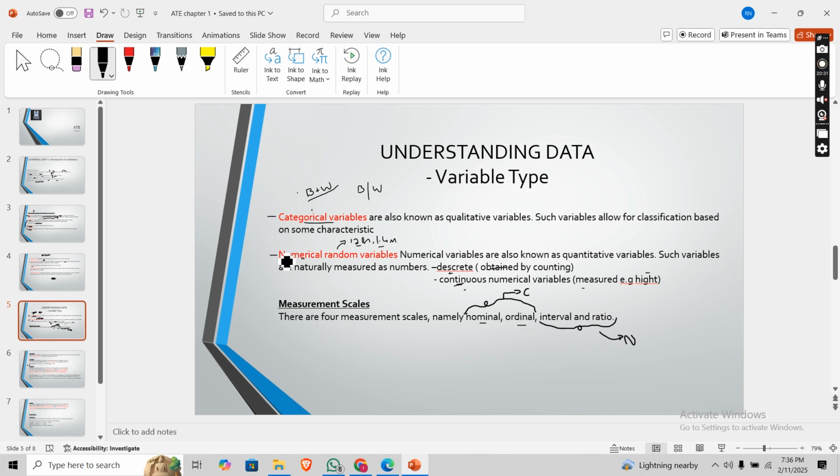Numerical variables or numerical random variables, same thing. Okay, so now I'm going to discuss these measurement scales one by one so that you can understand them deeper.